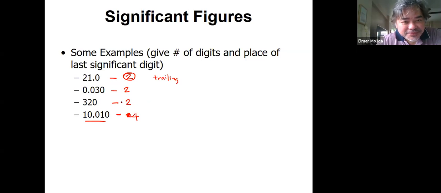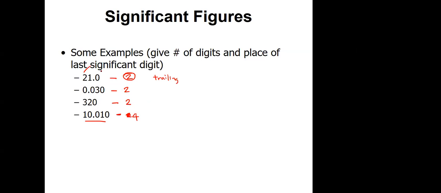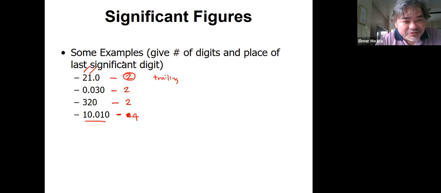It's 3. So this is significant, significant, and also this one. So the right answer there is 3. Any question on that? Because you might have a multiple choice question about this in your exam and maybe in your quiz.